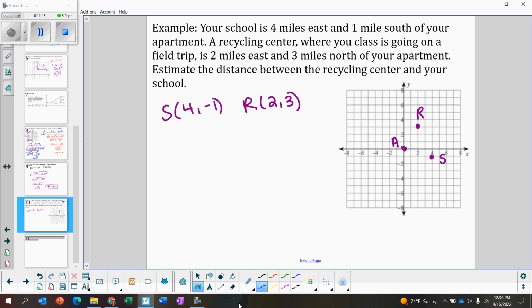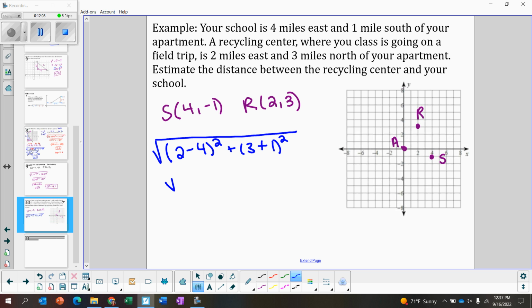We want to estimate the distance between the recycling center and the school. So we're going to find the distance between these 2 points. 2 minus 4 squared plus 3 minus -1, so I'm going to change that, minus -1 squared.